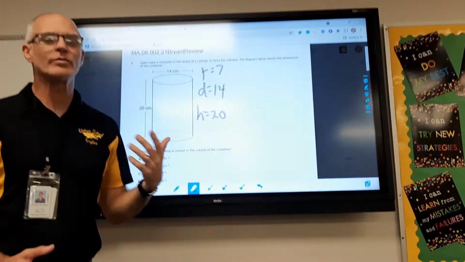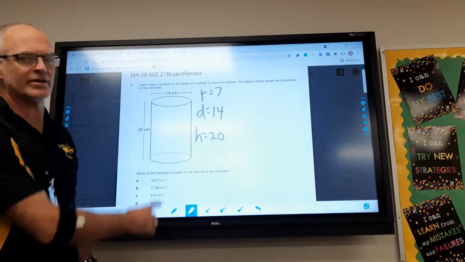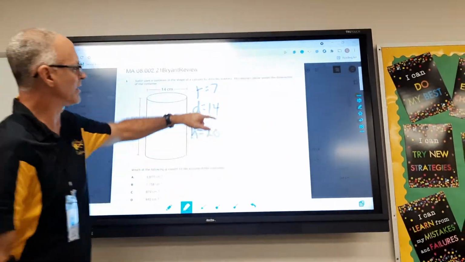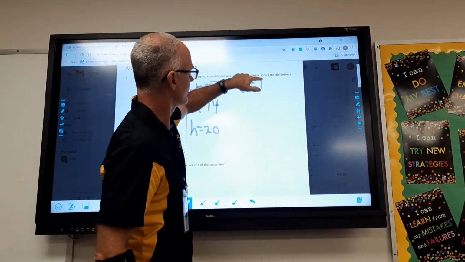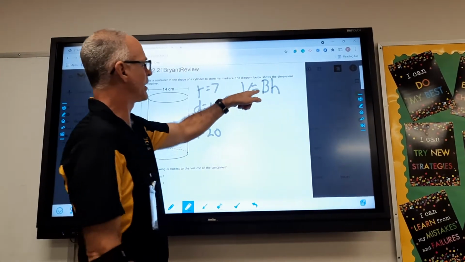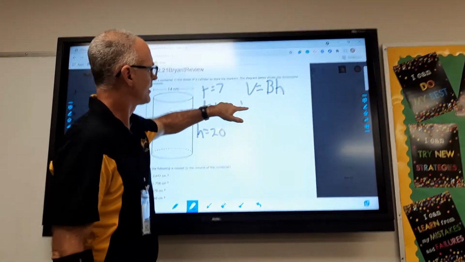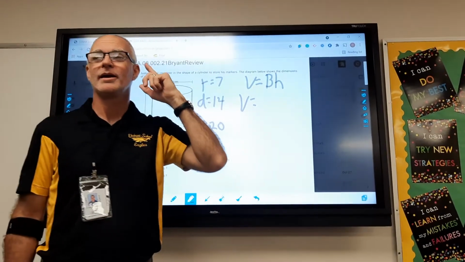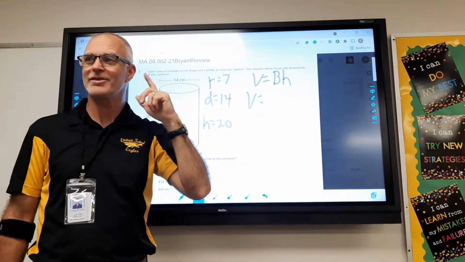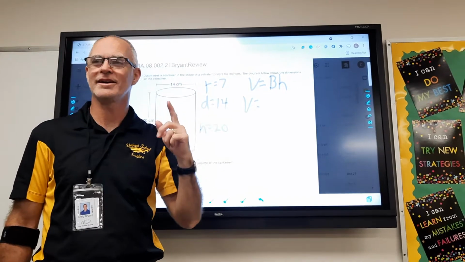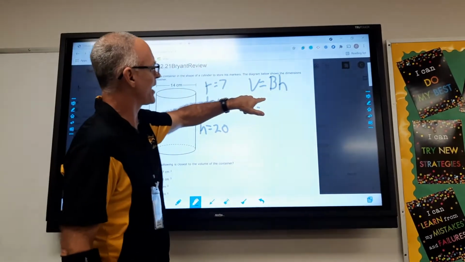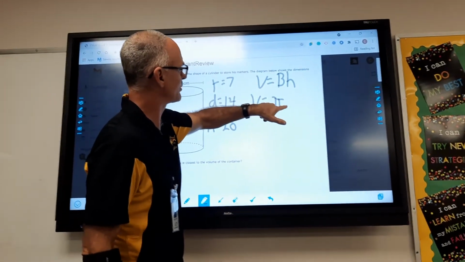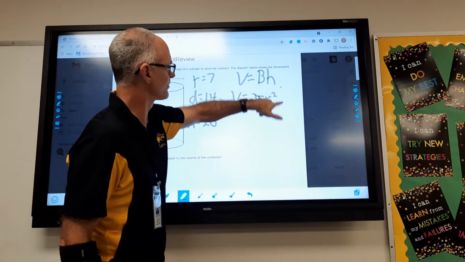The reason we always want to do D equals, R equals, is that this is a very good example. In our equation, volume equals area of the base times height. So maybe I'm thinking about that song: back to life, back to the area. So we use the area equation instead of capital B, pi r squared.